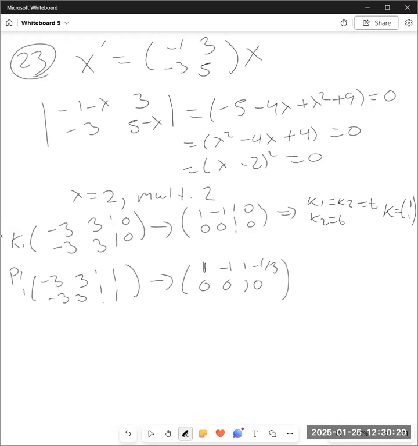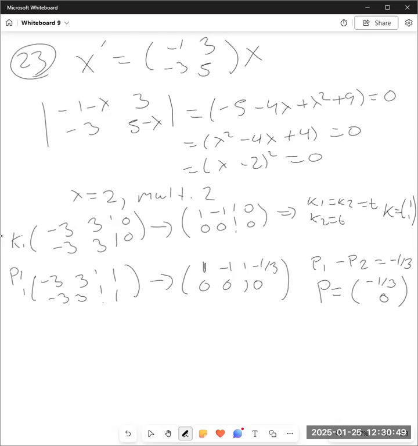That gives me the equation P1 minus P2 is equal to 1/3. So an easy thing to do here is to let P2 be equal to 0 when there's subtraction like this, and let matrix P be negative 1/3, 0, like that.